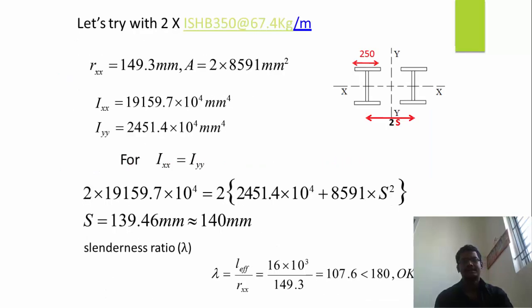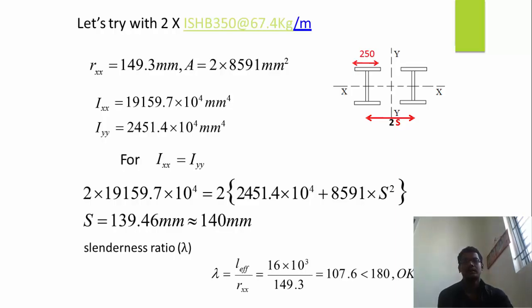We can see that ISHB 350 is used, two ISHB sections. The center to center distance of the 2 webs is taken as S. The rxx, IXX and IYY are all taken from the code book.